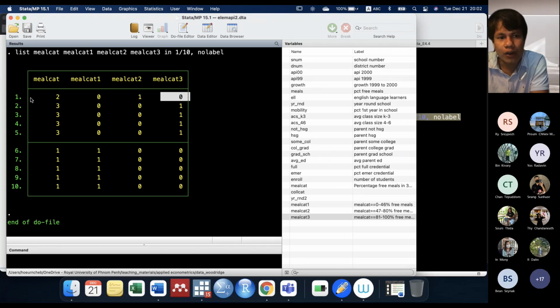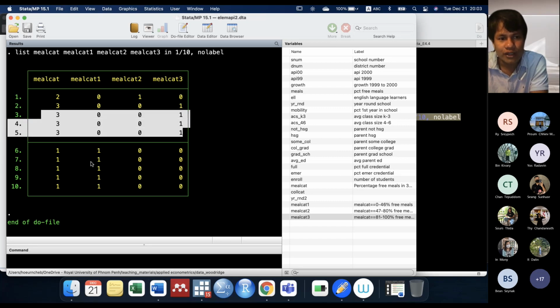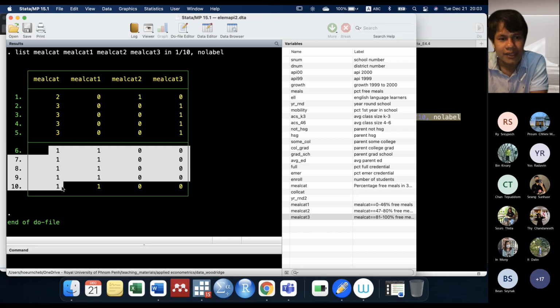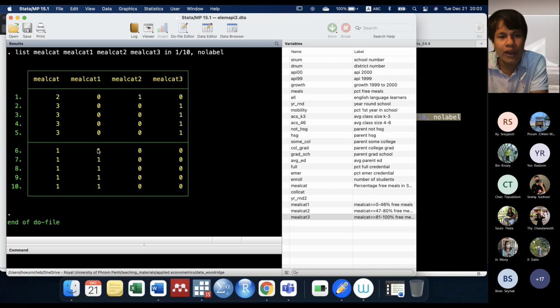See? It automatically generates a dummy for you. The second school is classified as the third category, so Meerkat 1 and 2 are 0, Meerkat 3 is 1. Schools number 3, 4, 5 are the same. Schools number 6 to 10 are all classified in the first category, so Meerkat 1 is 1, Meerkat 2 and 3 are 0. This is how you generate dummies manually.